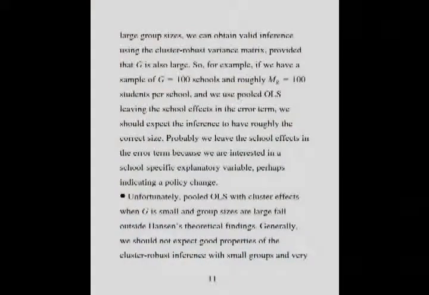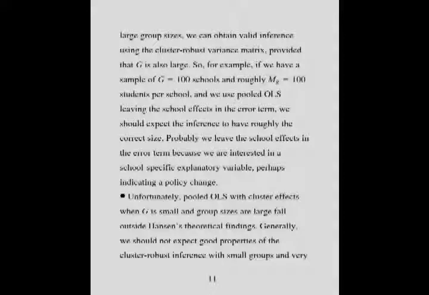So the usual inference that's based on the fully robust variance is valid even if there's arbitrary correlation within the groups. That means that even if you have pretty big group sizes, as long as you have a fairly large number of them, then you're on pretty safe ground in terms of getting appropriate inference, at least that has the right size asymptotically.